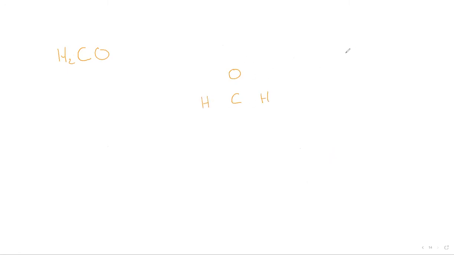For the bonding, oxygen is 6, carbon is 4, and 2 hydrogens is 2. That's 12 valence electrons. I can't count. We complete the octets, and then you see carbon needs 2 more, but I used all the electrons. So what do I do? I form a double bond.